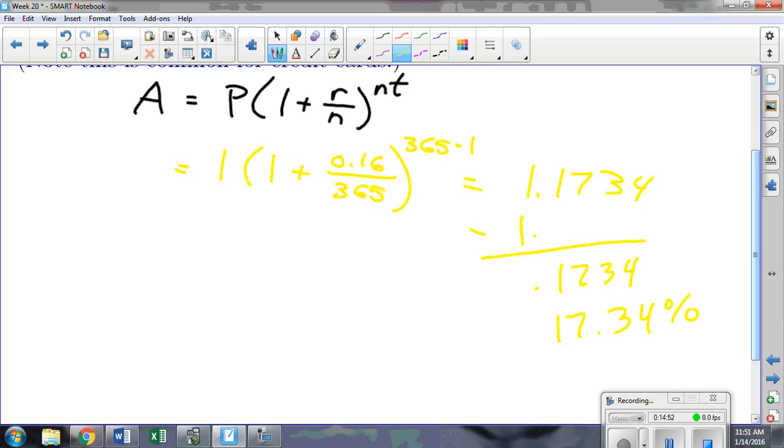Indicating that if you were to have money on a credit card and they tell you you have a 16% interest, if you don't pay off that money, you will actually be charged 17.34% interest over the year.